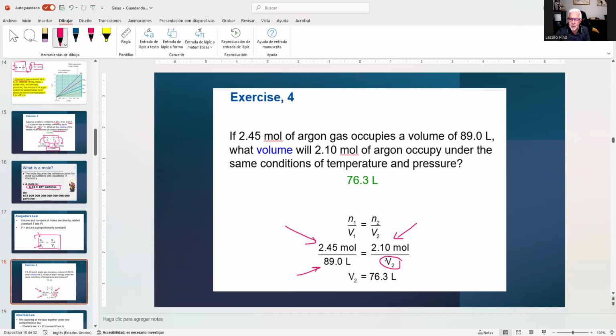Well, you can calculate volume 2 using this formula, and here is the answer. Remember, three significant figures because the factors here, every one has three significant figures. If one of them has only two significant figures, then your answer must have two significant figures.